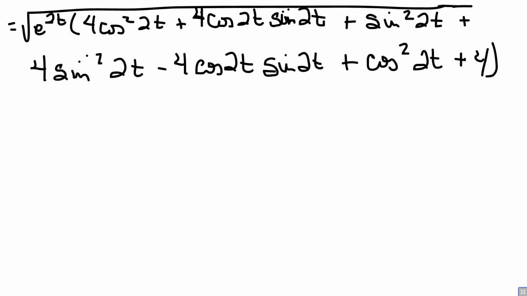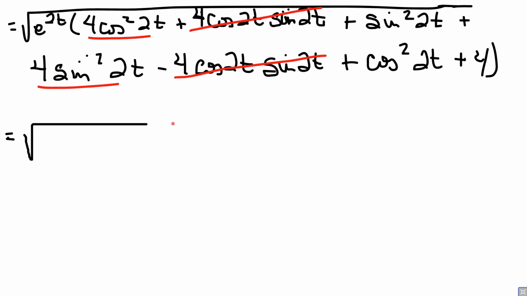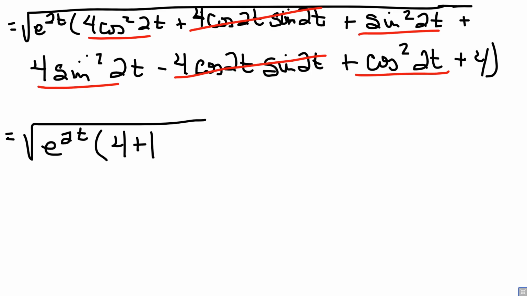So this is what it looks like. What happens here is that this term and this term cancel, which is nice. I can combine this term and this term, and I end up with just 4. Then I can combine this term and this term, which will give me 1.